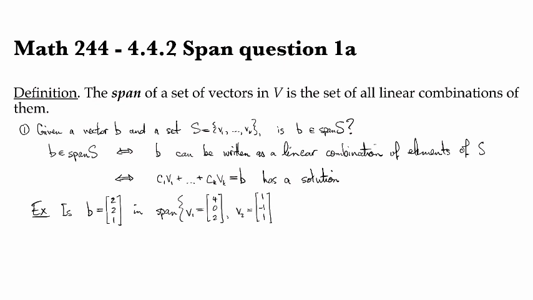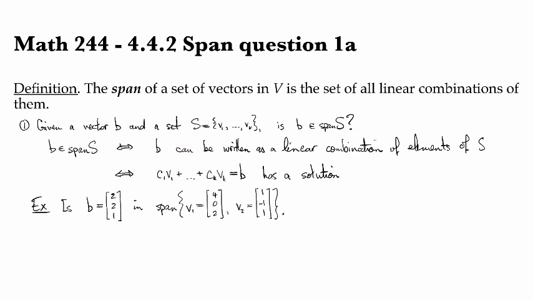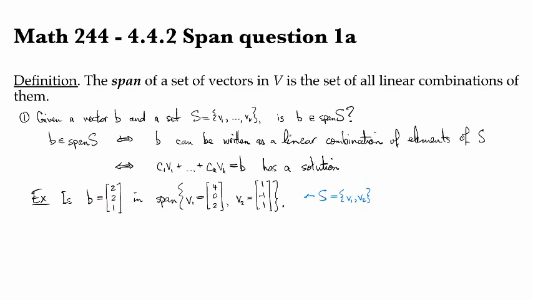Okay, so here's our set S. S has two vectors in it, so S is the set of V1 and V2. And we're being asked if B is in the span of those vectors.